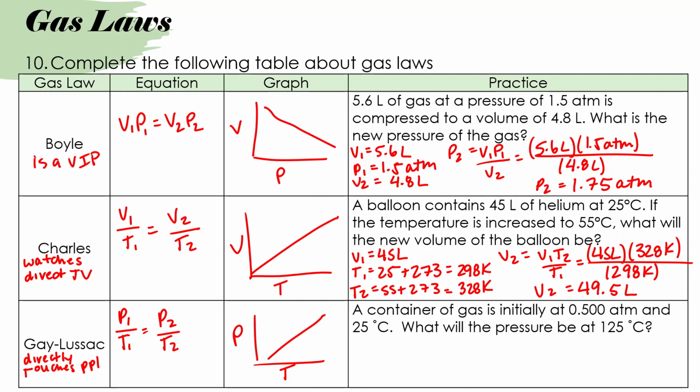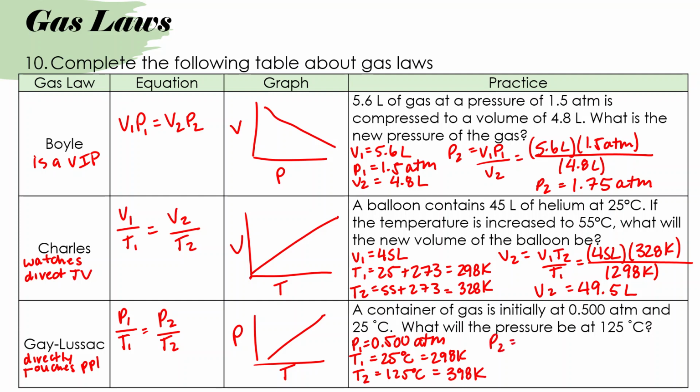We have a container of gas, which is originally at a pressure of half an atm at a temperature of 25 degrees Celsius. If we add 273, that gives us 298 Kelvin. What will the pressure be if the temperature increases to 125 degrees Celsius, which would be 398 Kelvin? So we are solving for P2 here.